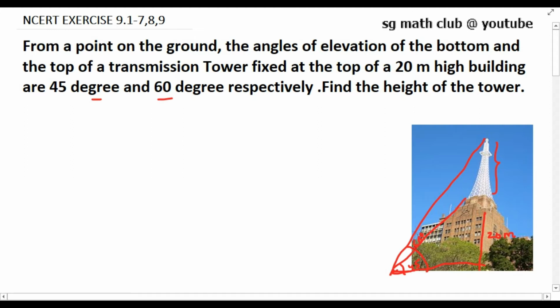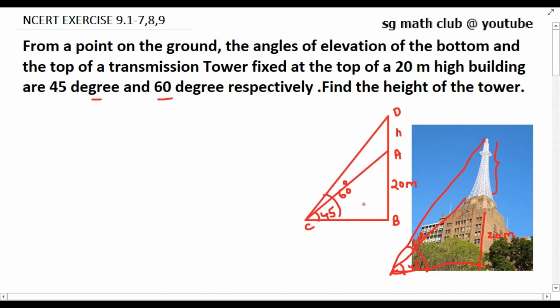Now we need to draw the right angle triangle, and we need to use trigonometric ratios and solve the problem to find out the height of the tower. So this is the right angle triangle. We can say that AB is the height of the building, and already they have given it as 20 meter, and AD we need to find out.